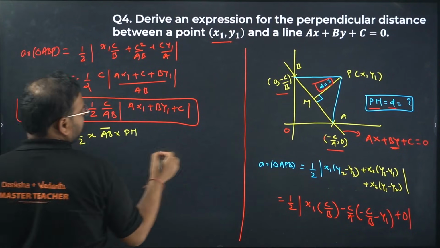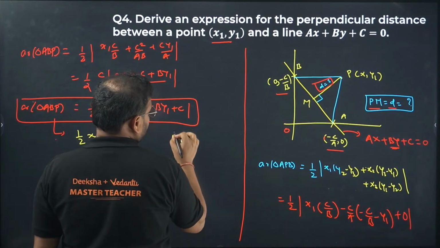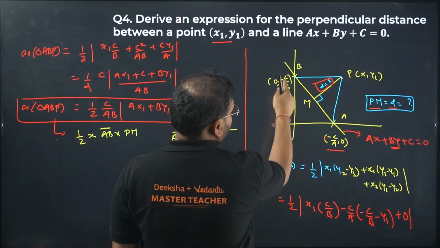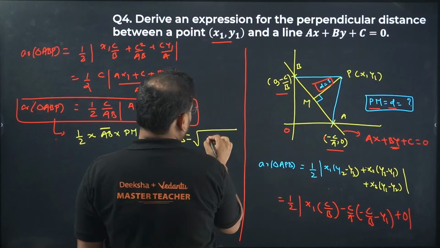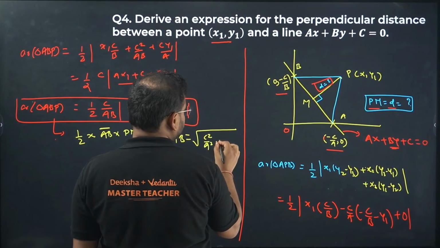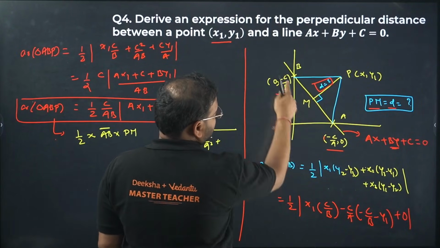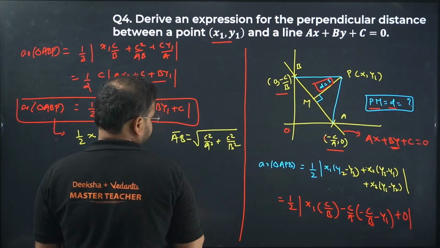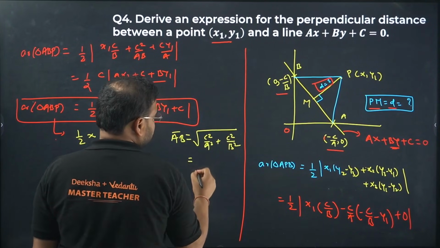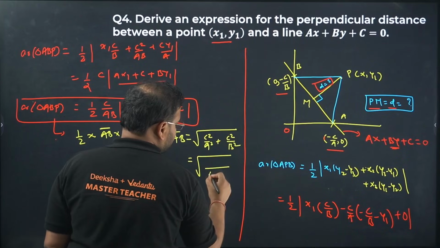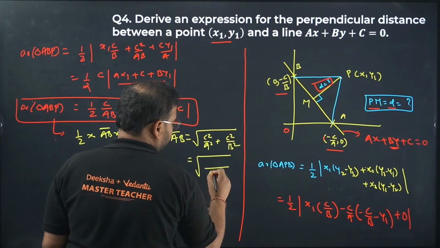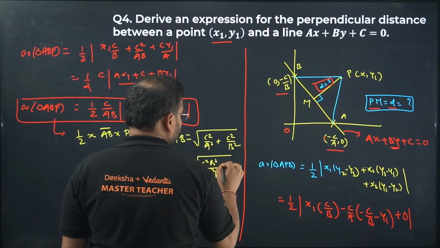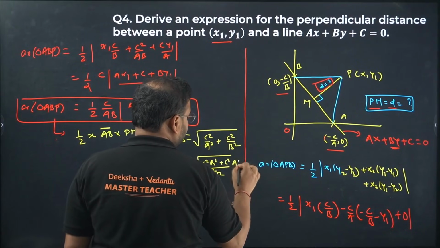What is going to be the length AB? Check now. The length AB will be inside the root, the difference of these two. 0 minus this will become C square by A square. Again, 0 minus this will become C square by B square. Simplify this, you will get the LCM as A square B square. Over here you will get C square times B square plus C square times A square.